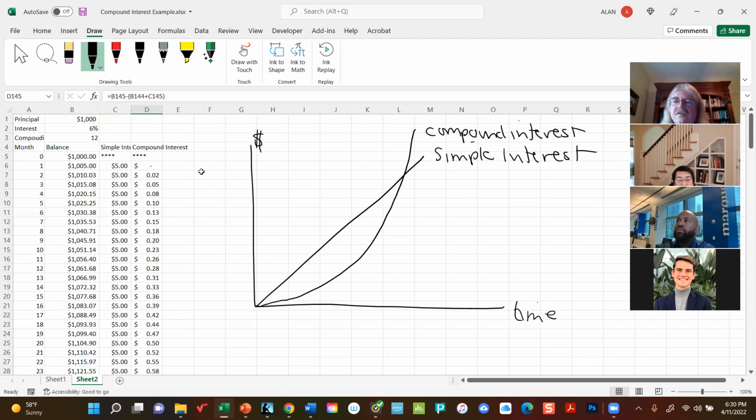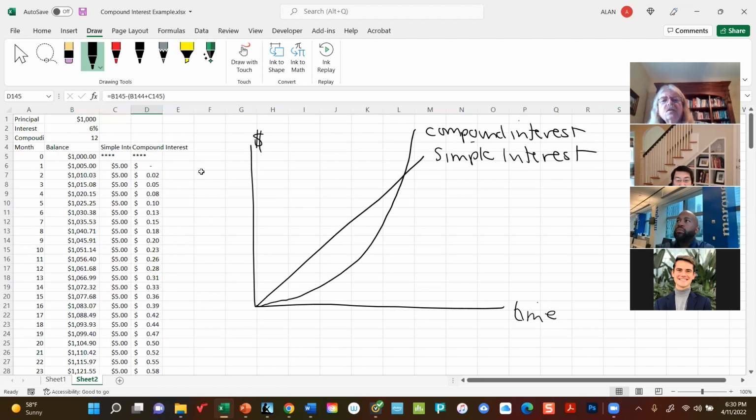In fact, if you ever got a new credit card in the mail and you look at the documentation that comes with it, you'll notice that there's a big spread between how much simple interest you're paying and the compound interest. Because when a rate is very high to start with, the compound interest grows more quickly than it does when the rate is very low.